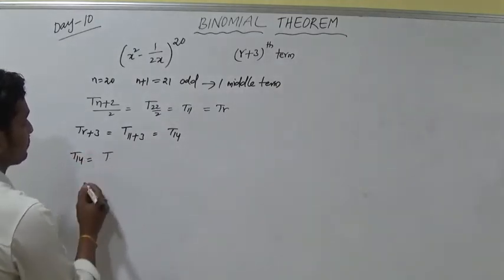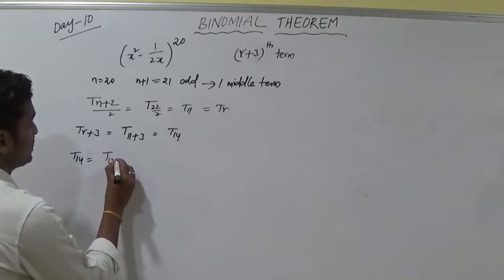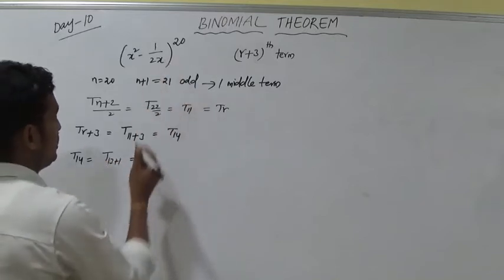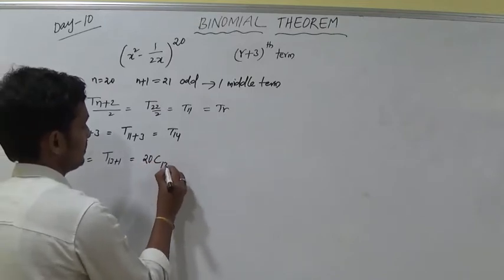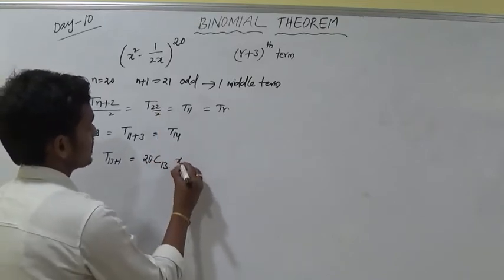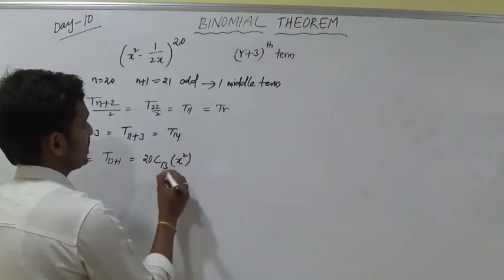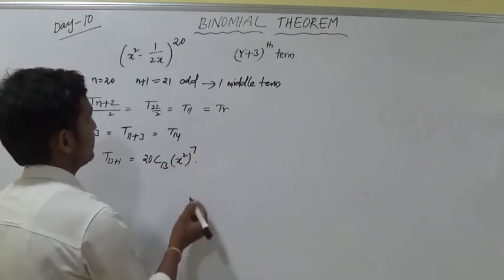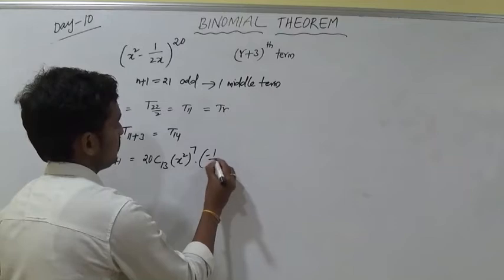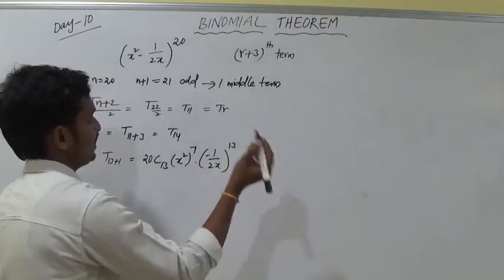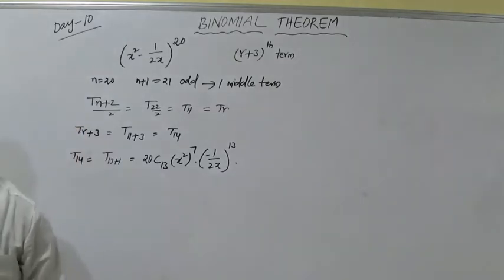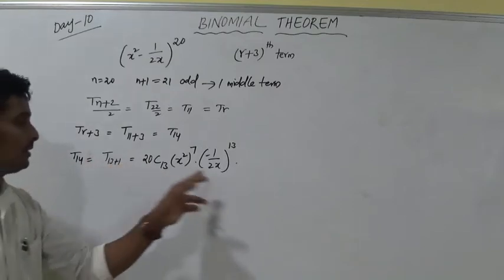T14 is equal to t13 plus 1. Now writing the n value 20, 20c13, x square to the power of 20 minus 13, into minus 1 by 2x whole to the power of 13. Have you observed this? Okay, now we can simplify.